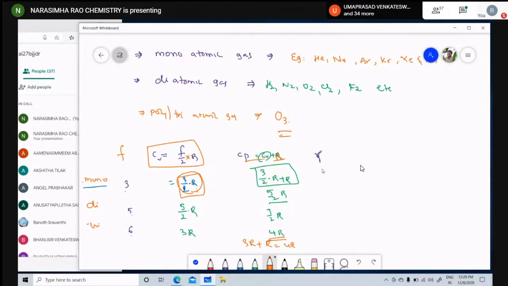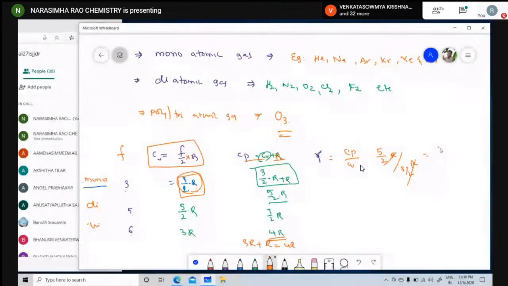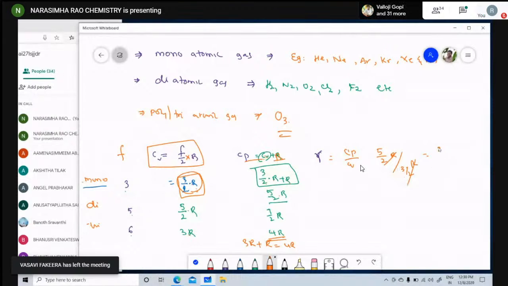Now Cp by Cv is equal to gamma. Cp upon Cv. So Cp for this example, for monoatomic gases, is 5/2 R upon 3/2 R. R and 2 cancel, inverse value, it is 5/3, which is equal to 1.66.